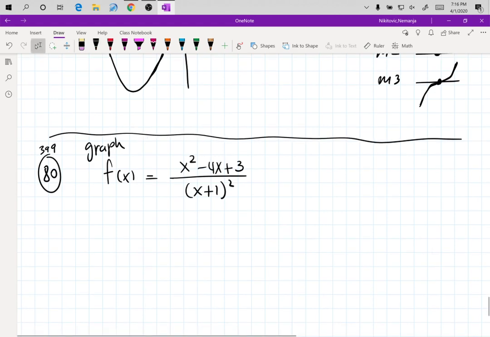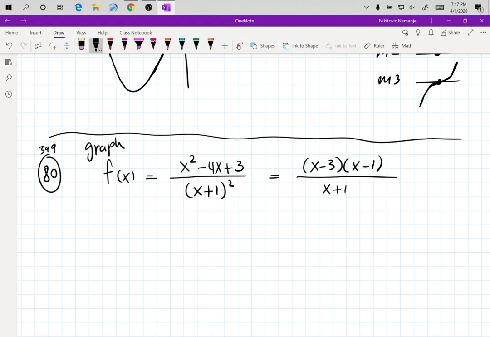Okay, so I am going to start by factoring here. What do I have? This one factors as x minus 3, x minus 1, right? And the bottom is still x plus 1 squared.